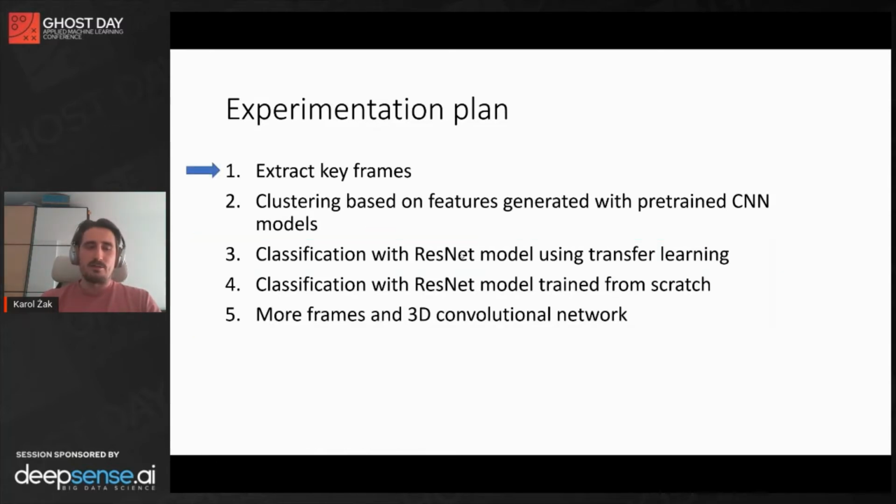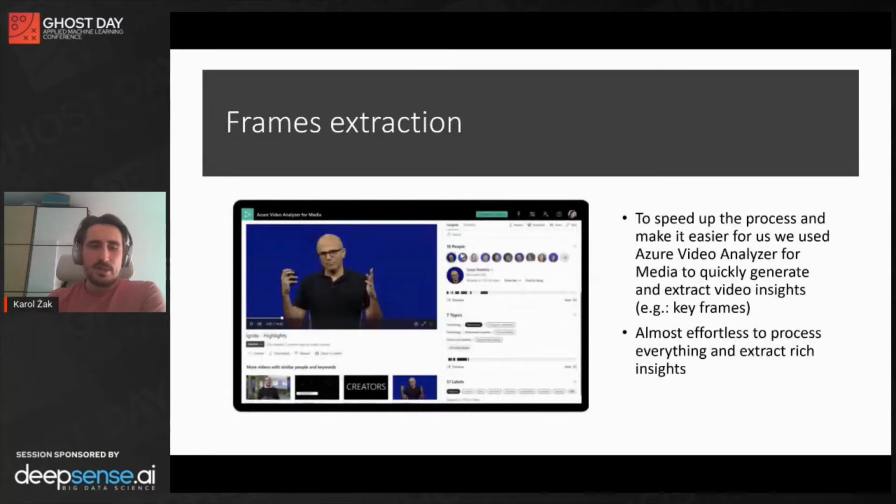And yes, when we started executing this experimentation plan, we obviously started by extracting the keyframes. For that, we agreed with the customer, to save time and avoid building pipelines from scratch for processing, that we would use Azure Video Analyzer for Media, which generates and extracts very rich video insights, such as keyframes as well, but it's not limited to only that.